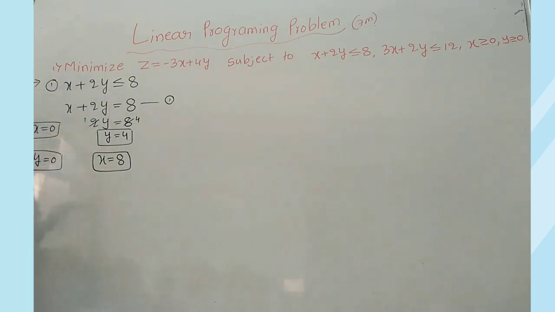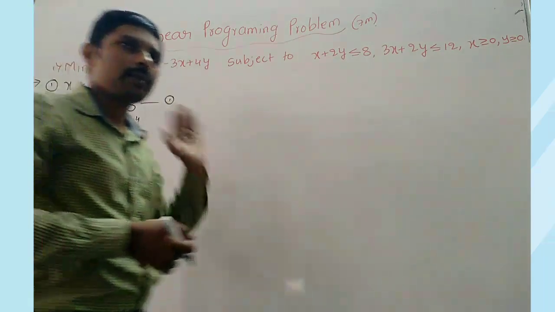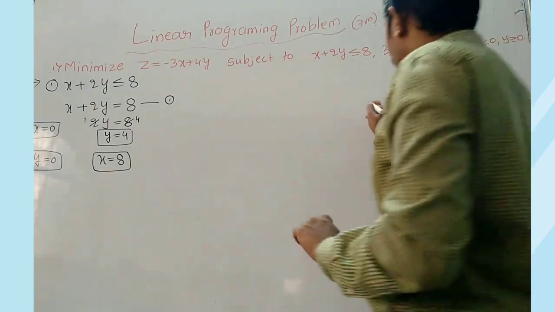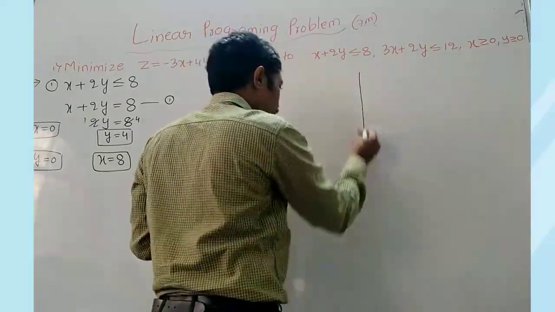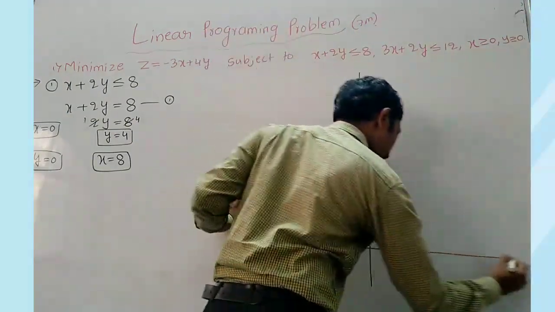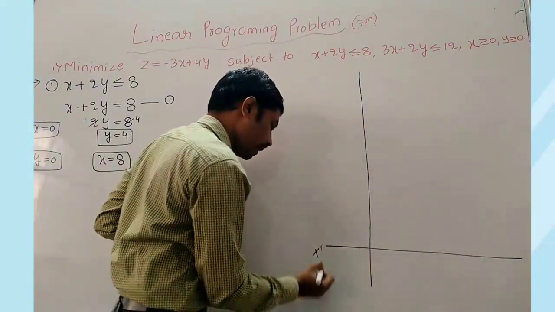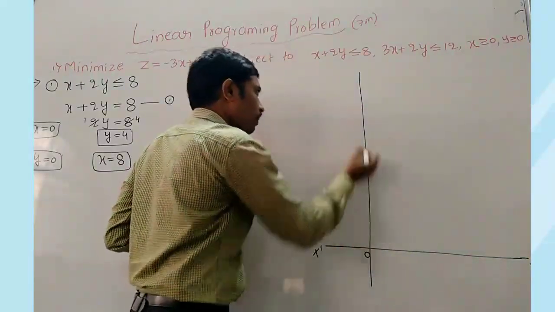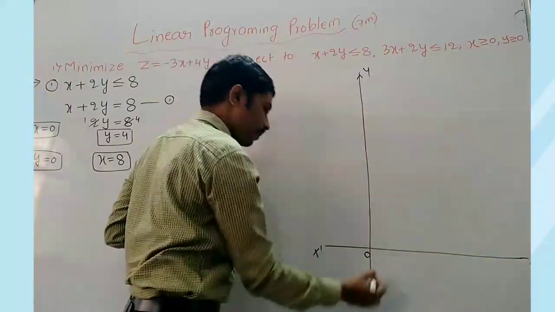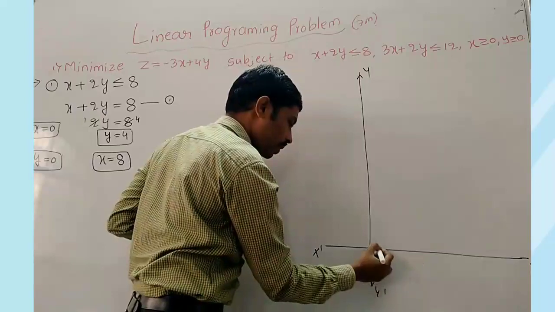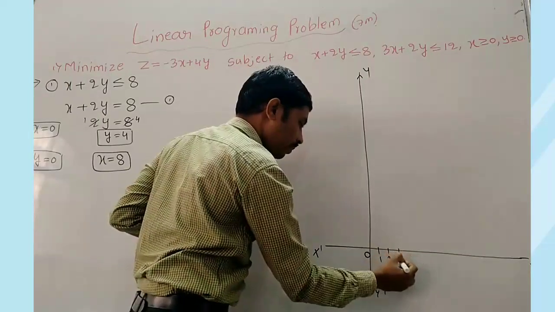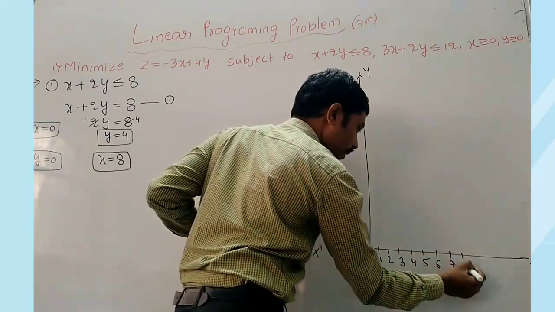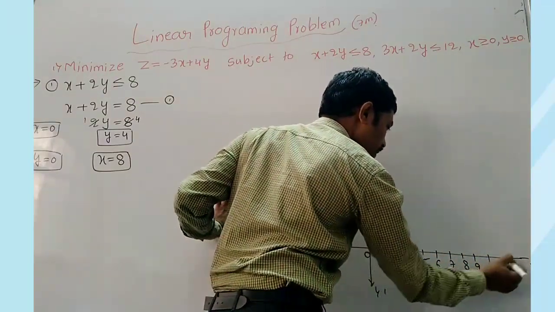Now I will mark these points on the graph. So we will consider the graph here. Clearly you have to mention x dash, x, this is the origin, this one is y, this one is y dash. So it is 1, 2, 3, 4, 5, 6, 7, 8, 9, 10, and so on.